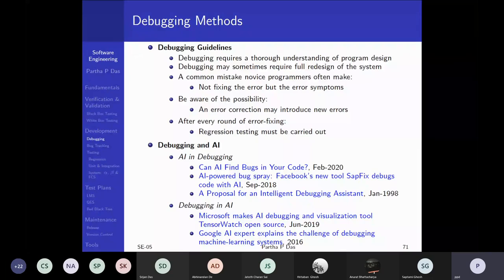A big issue is if you correct an error, then you may introduce a new error. A bug very often introduces other bugs. So you must make sure that when you fix something, it must not break something that was already fixed, that was already there. So that is where regression testing becomes very, very important, on which again I will have discussions after the bug tracking.